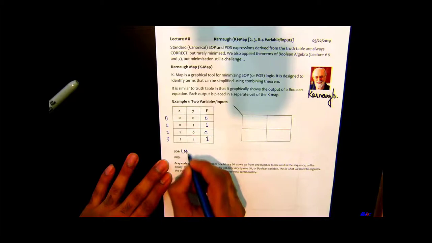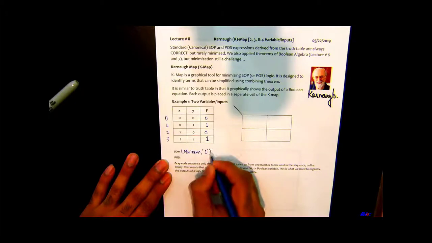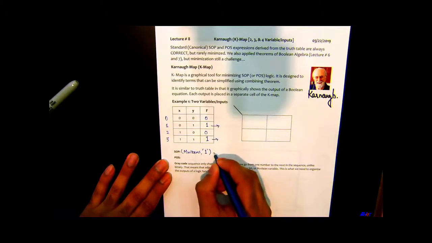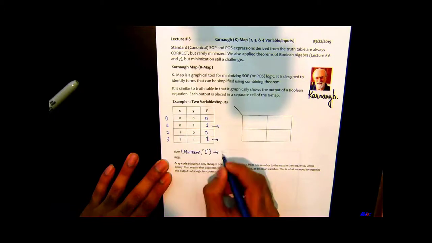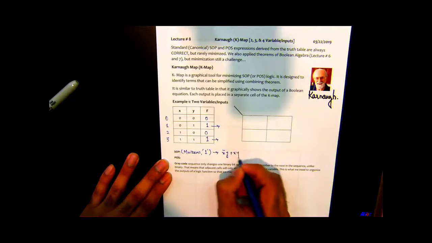Before I move on to K-map, I want to derive a SOP expression. For SOP, we look at min terms, which are those which are 1. We get these two min terms here, and the expression would be x bar y plus xy, correct?